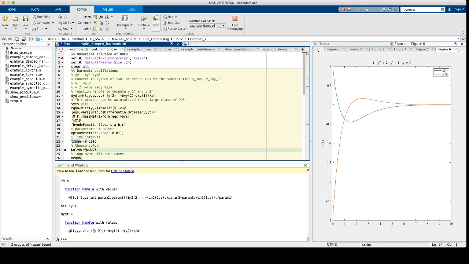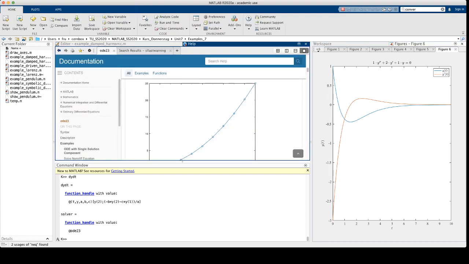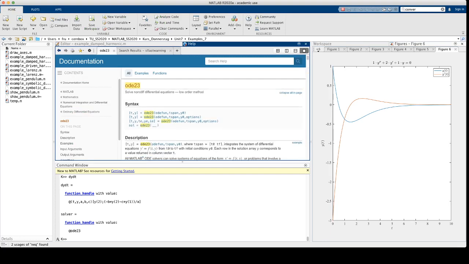We choose one of the solvers that are available. ODE23 is a popular solver for non-stiff differential equations. It's a low-order method. There are also higher-order methods which are even more precise.